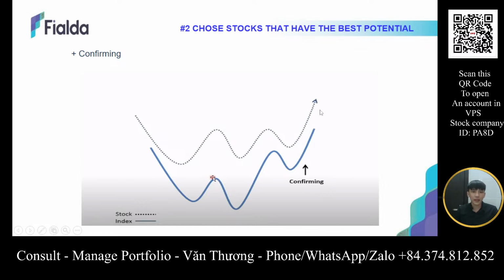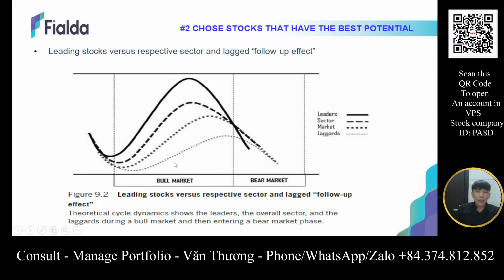Okay, and I'm going to share with you a chart of how I think the stock market works. So that's the bull market. You can see here the bull market and the bear market. This one is the leader stock. This one is the leader sector, the leader group.